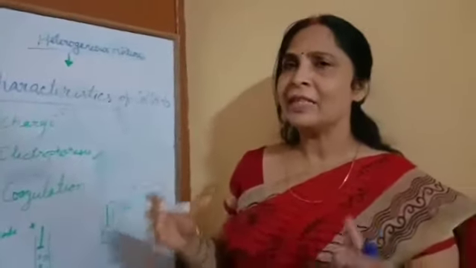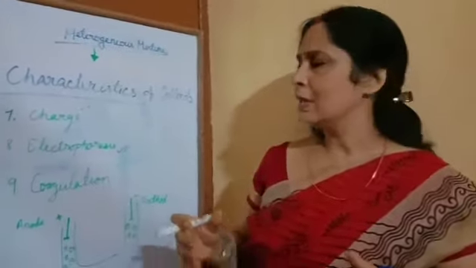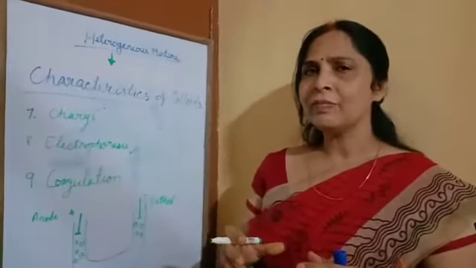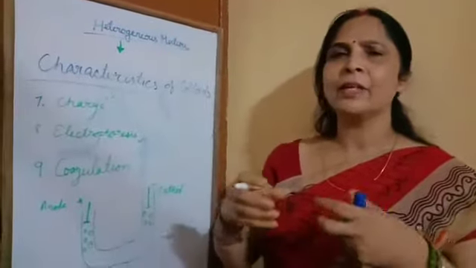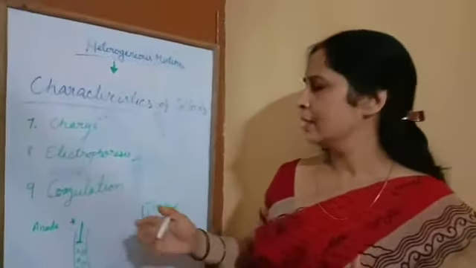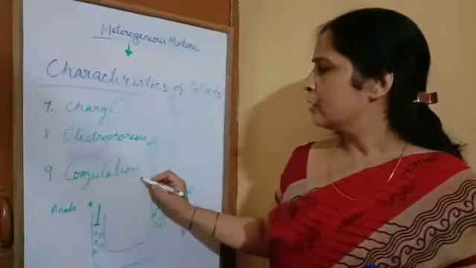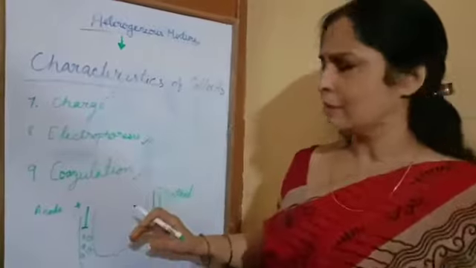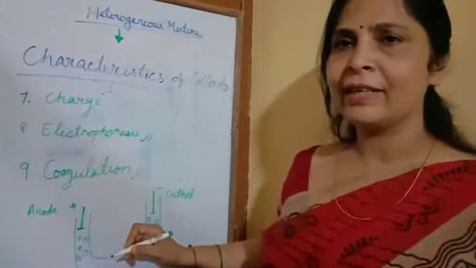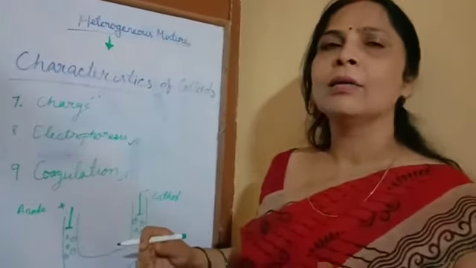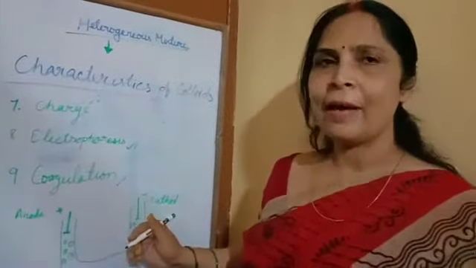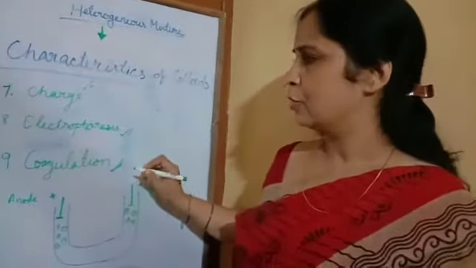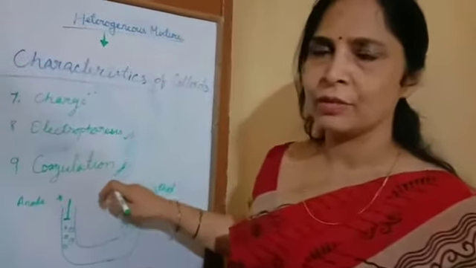Due to similar charge they have repulsion, and due to this repulsion they do not settle down at the bottom at one place. To settle them, we use an electrolyte which has particles of different charge, and this process we say coagulation.